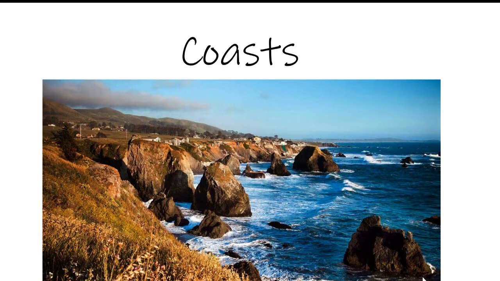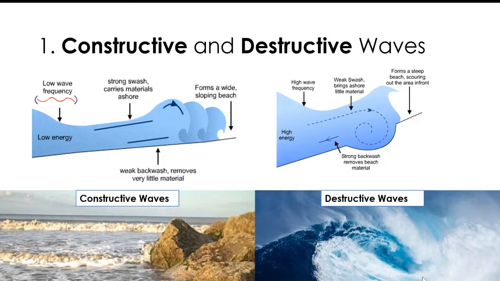So if we start on our first section of coasts today, and we have a little bit of a look at the first part of your checklist, which is constructive and destructive waves. So the first thing you need to be able to do here is make sure that you can identify the different characteristics.